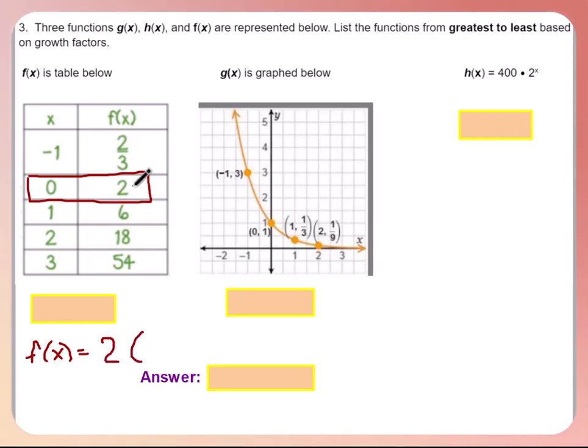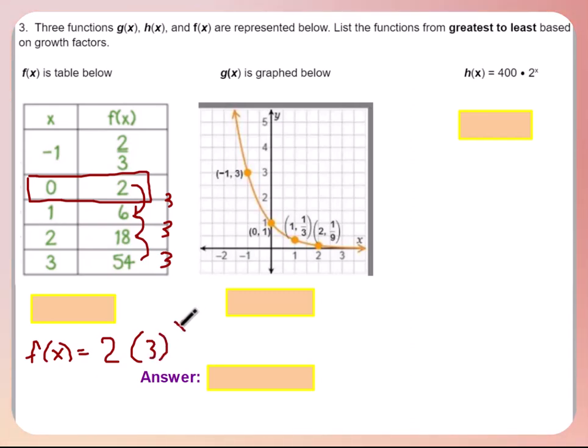Okay, so how do we get from 2 to 6? What do we multiply by? 2 times 3 is 6, and then 6 times 3 is 18, and then 18 times 3 is 54. So our growth factor is 3, and we're raising that to the x.